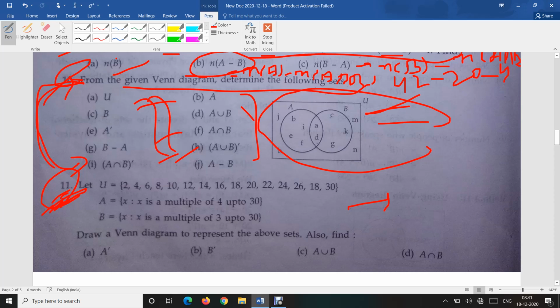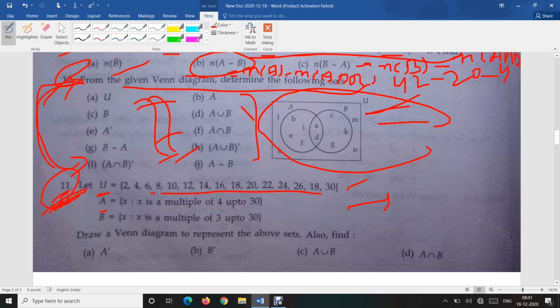Now the universal set is 2, 4, 6, 8, 10, whatever it is given, and A is equal to the set of x such that x is a multiple of 4 up to 30. You have to select these from this portion.